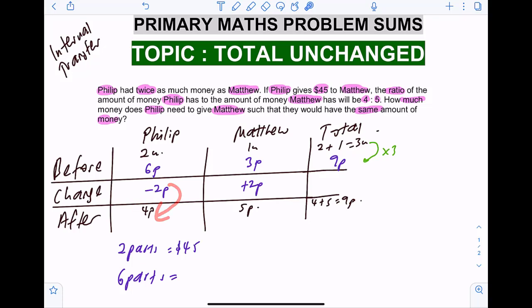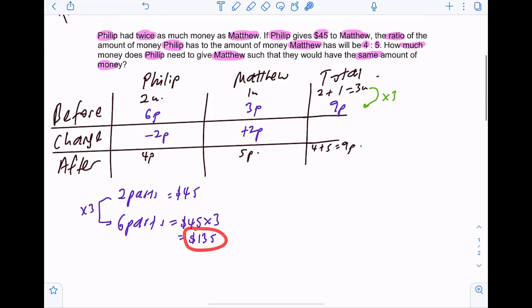He did not really give to Matthew. So what Philip has is really 6 parts. So how do I go from 2 parts to 6 parts? Times 3. So do the same thing on the right side. 45 times 3. That will be $135. Okay, so this is what Philip has, $135.